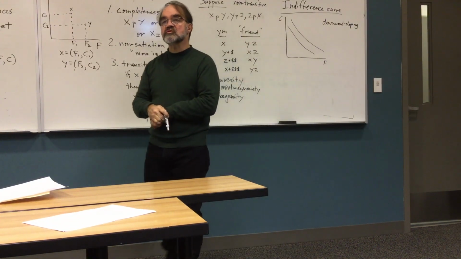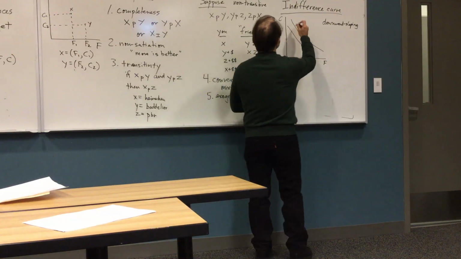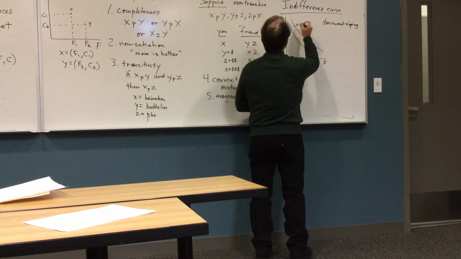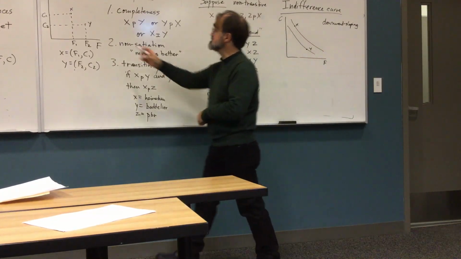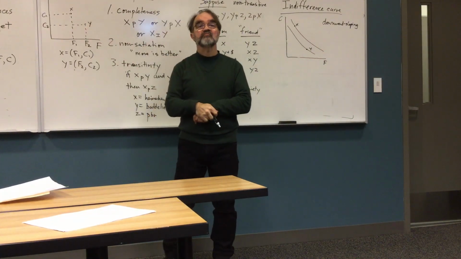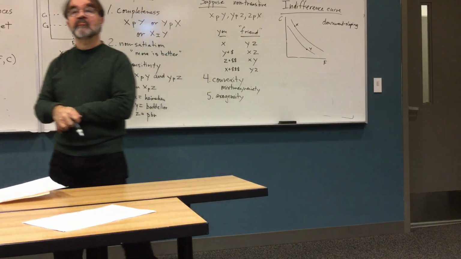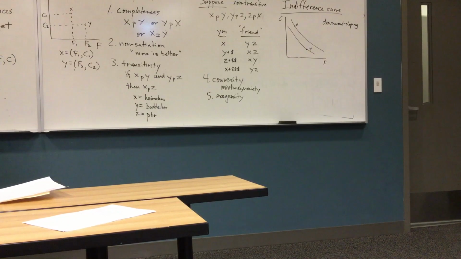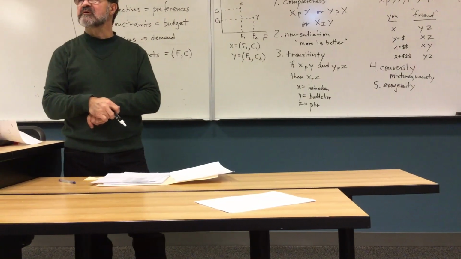If we look at two different indifference curves that somebody has, and we compare this X with this Y, which one is preferred? Between X and Y, which basket is preferred?